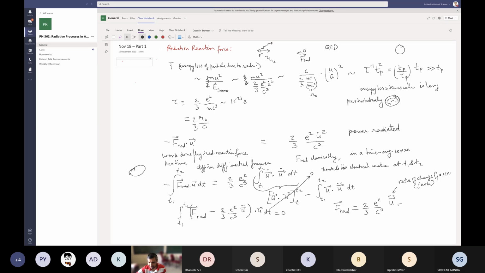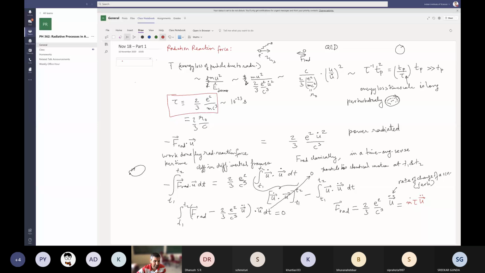And you recall we defined, it's important to know this definition, it will be used multiple times. We see that 2/3 e squared by c cube is nothing but m tau. So this is equal to m tau u double dot.